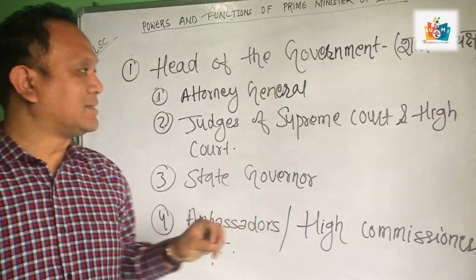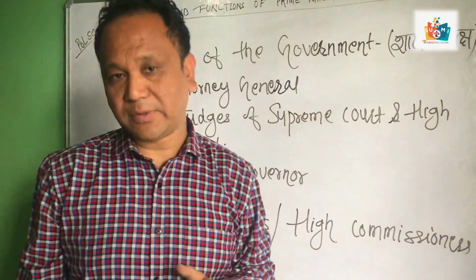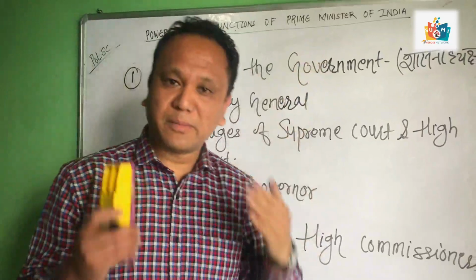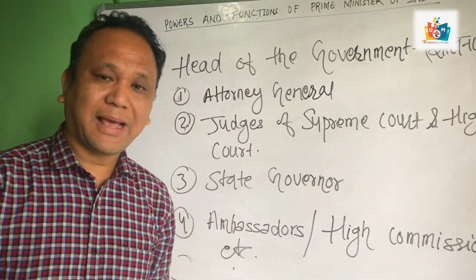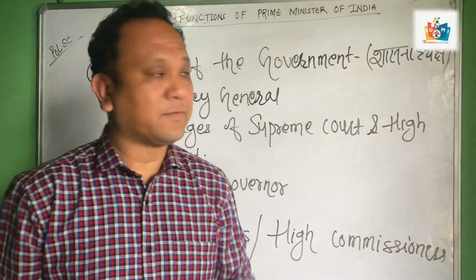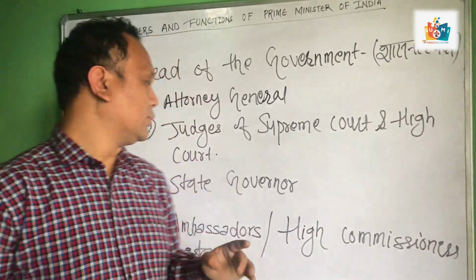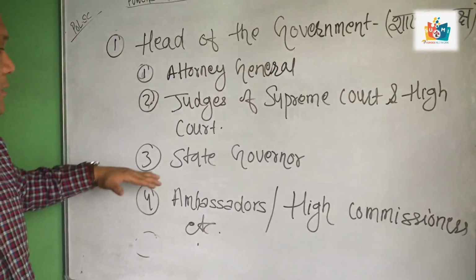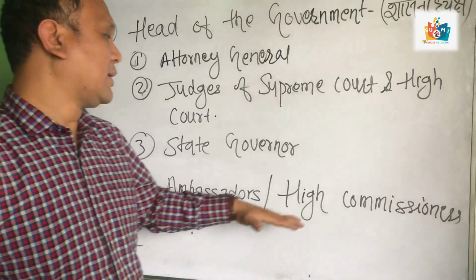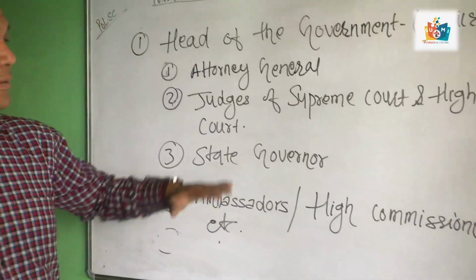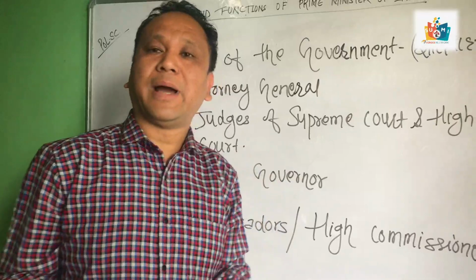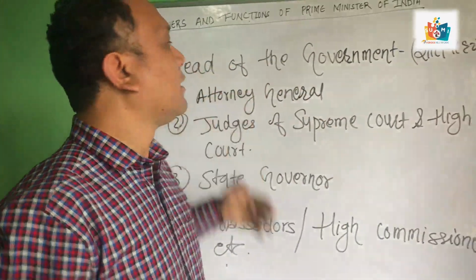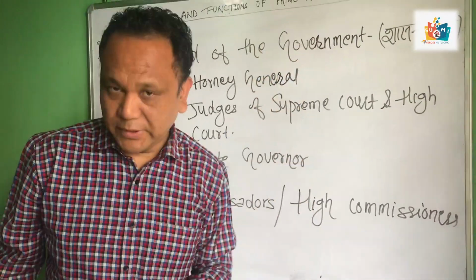The President is the appointing authority, but the Prime Minister's recommendation, suggestion and advice is needed for this appointment. Mind that. So this is the first function and power of the Prime Minister.